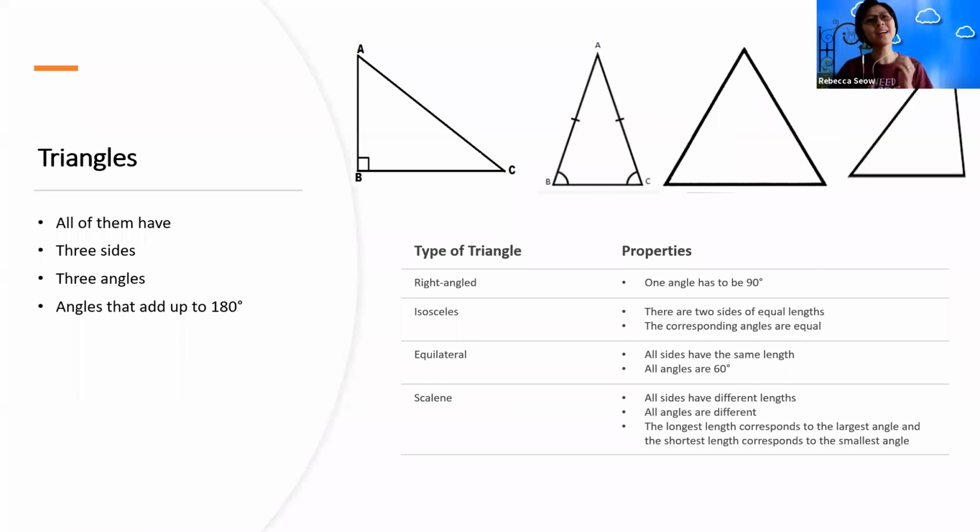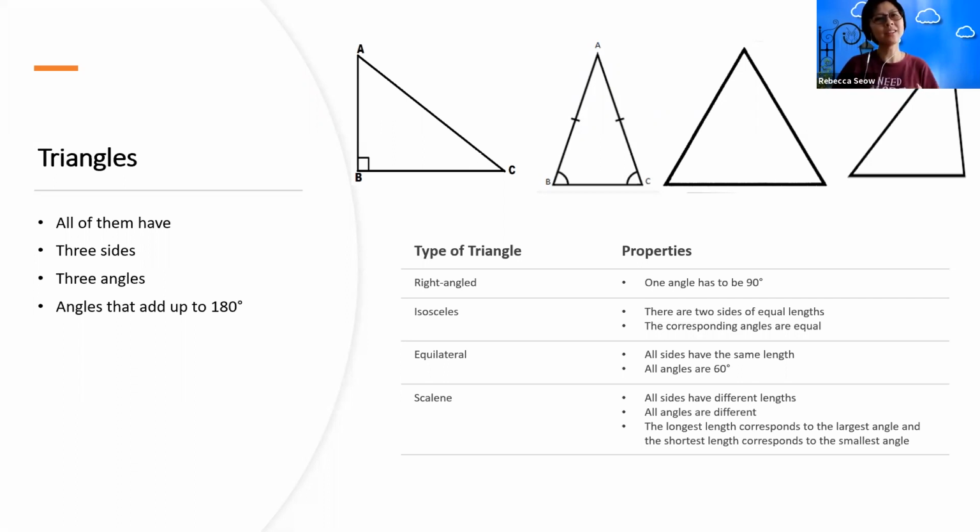If you were to draw any triangle, and use a protractor to measure all three angles, somehow or other, they will all add up to 180 degrees. So if you're not too sure about it, take a piece of paper, draw on it, use the protractor, measure all angles, add them up. It will be 180 degrees. That's a fact of triangles.